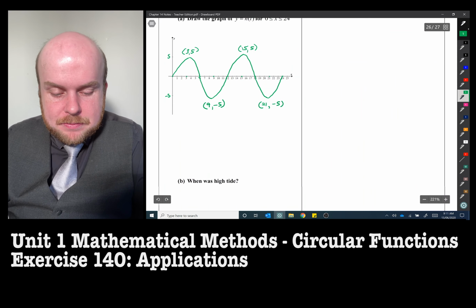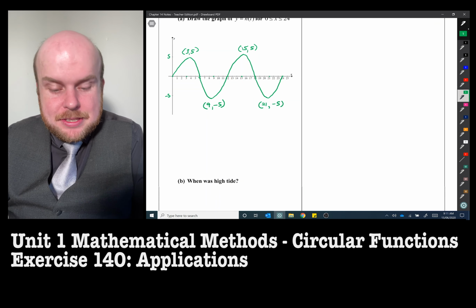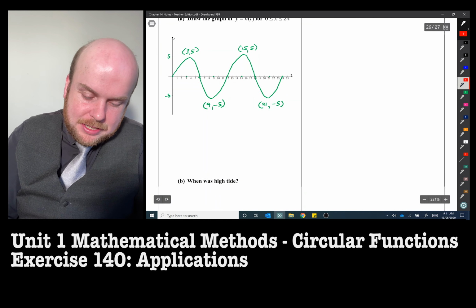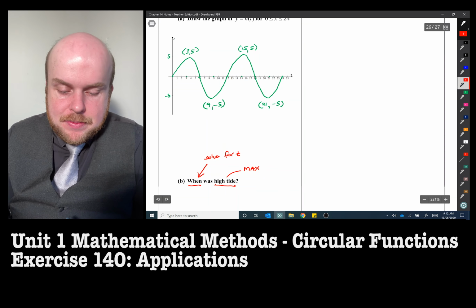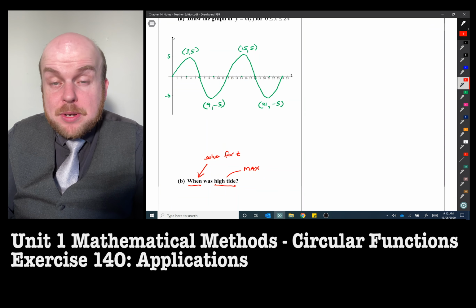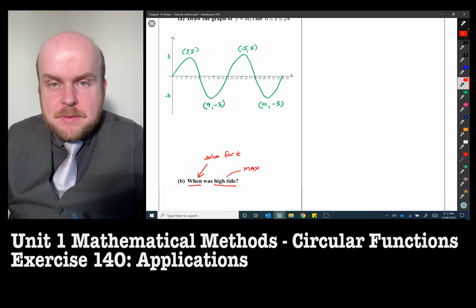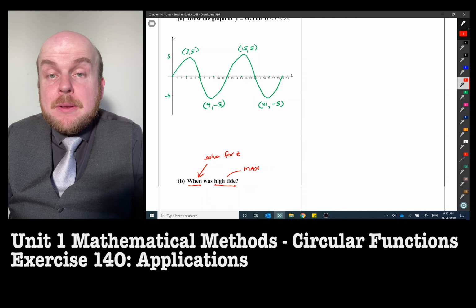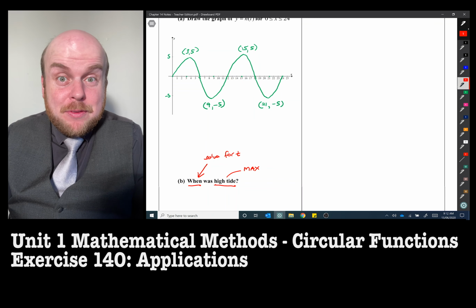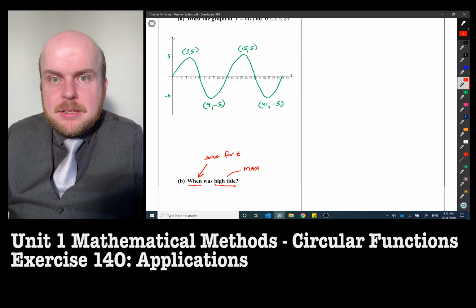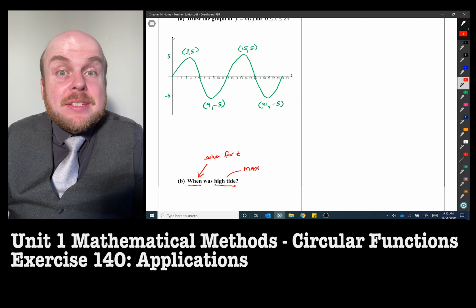When was high tide? Well, again, this is classic. As soon as you start seeing things like this, it's a classic maximum. And when, solve for t. So we know that's 3 hours after midnight and 15 hours after midnight. Now, this is where students like to flip a table over because they'll write an answer and they think it's correct. When it says when, assume that's a time.